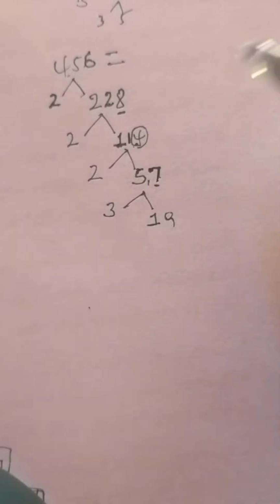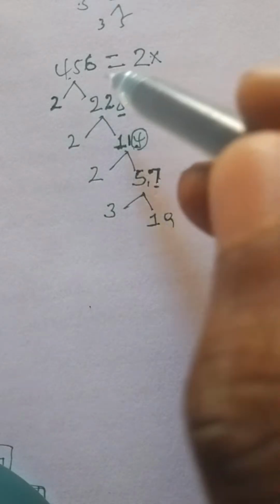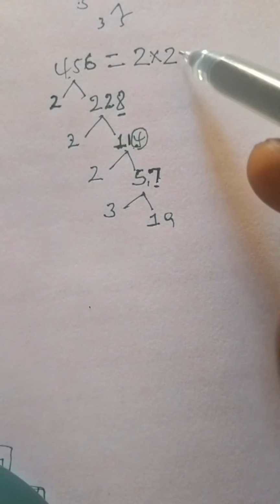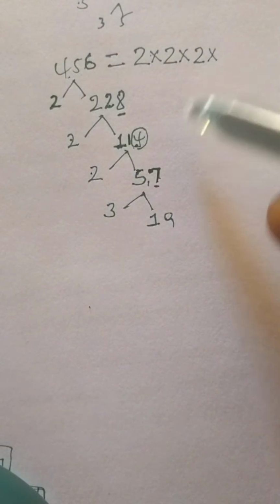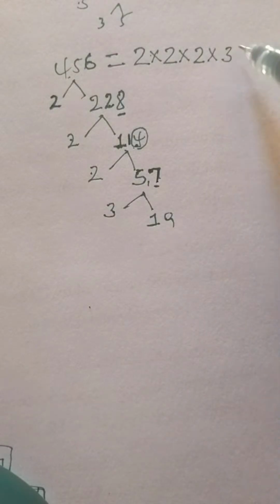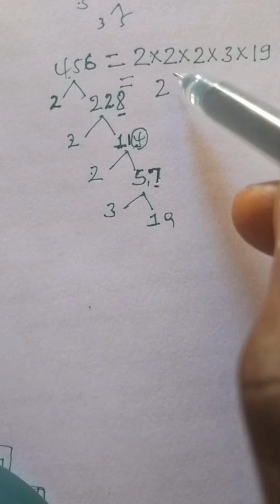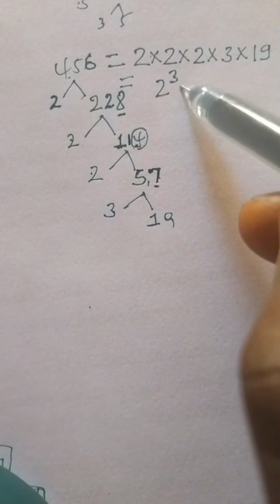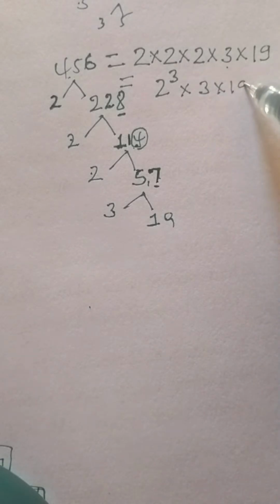So 456 can be explained as 2 times 2 times 2 times 3 times 19. You get it, my student? You can also explain it as 2 to the power of 3 times 3 times 19.